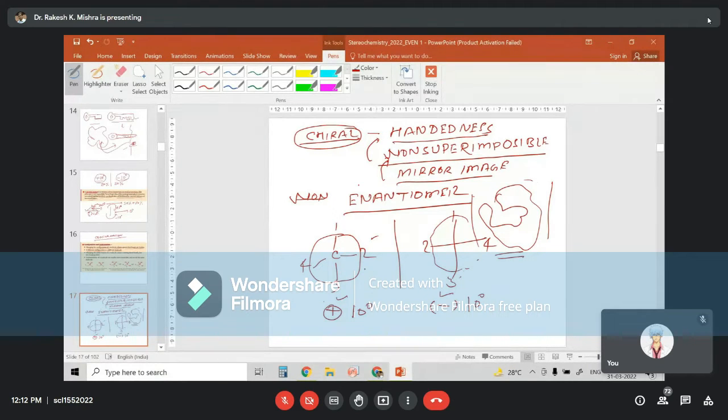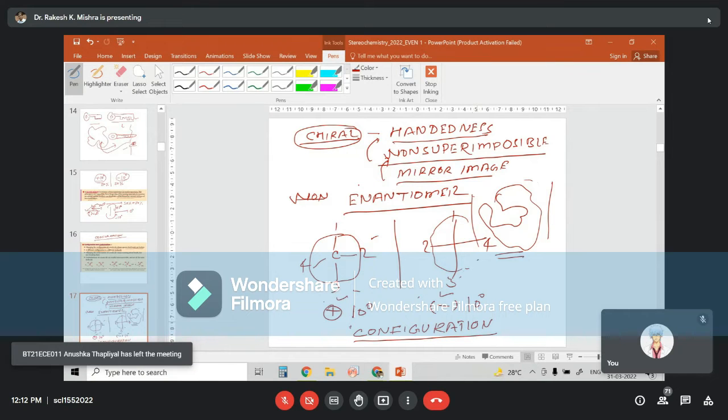So the reaction with chiral compounds is different. And because you cannot convert this to this one just by rotation, these are two different configurations. These are the configurational isomers.